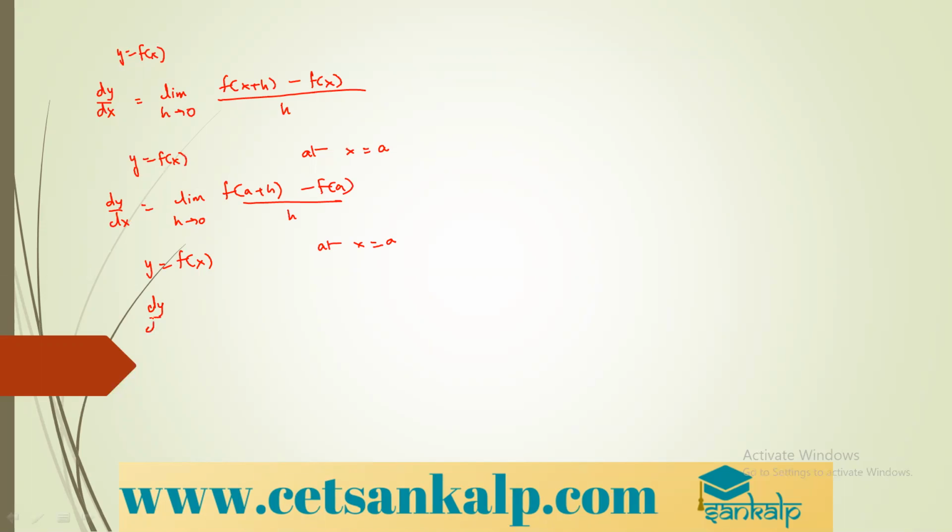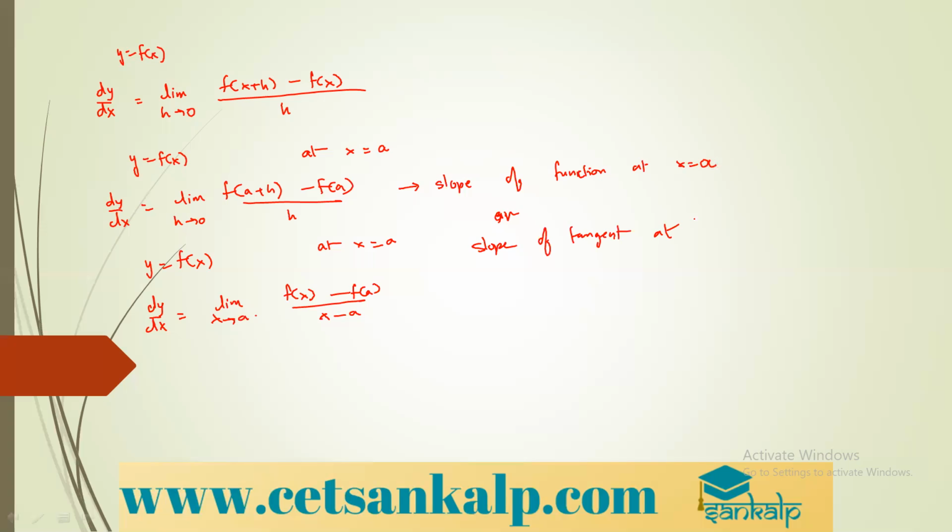But there is an easy form for derivative for the function at x equal to a, and that is dy by dx equal to limit of f of x minus f of a by x minus a as x approaches a. The first formula is purely the derivative of the function, but the second formula is used to find slope of the function at x equal to a or slope of the tangent drawn at x equal to a.